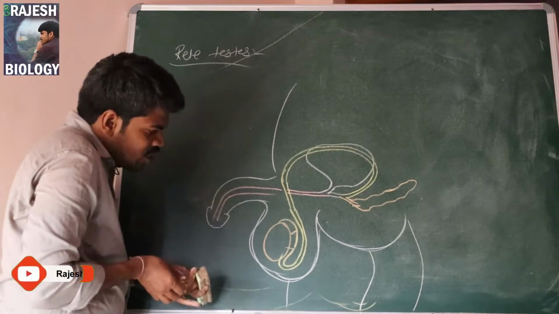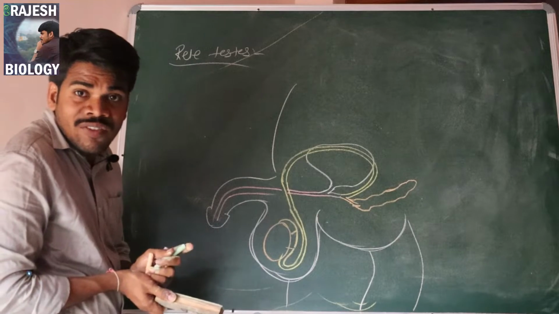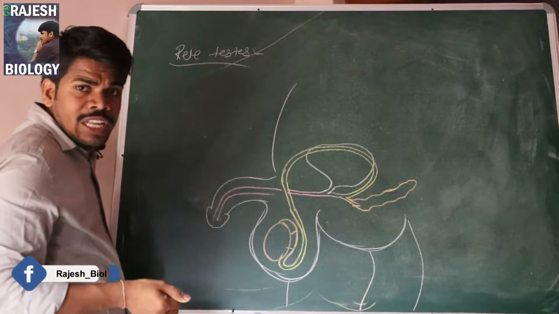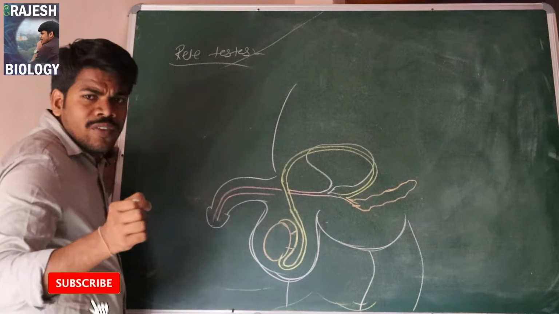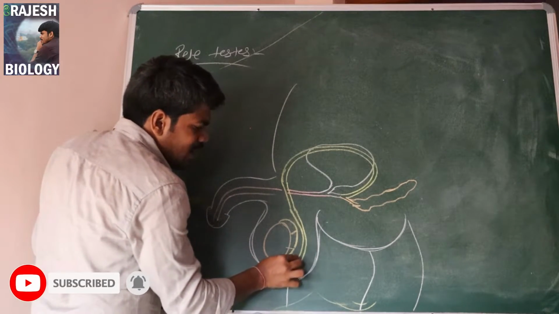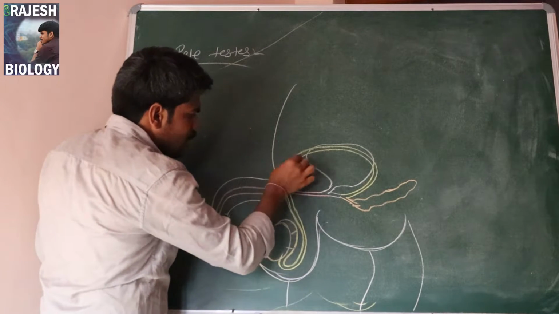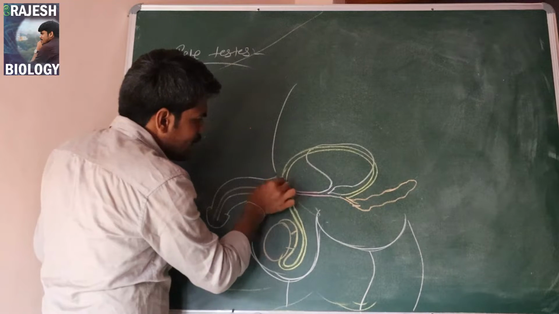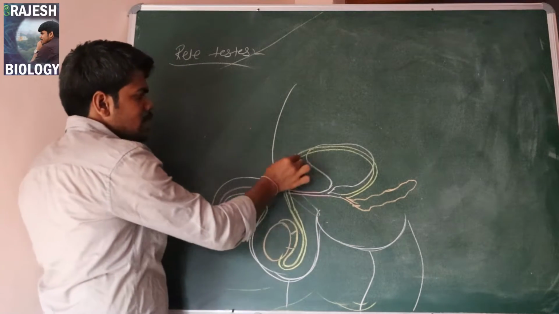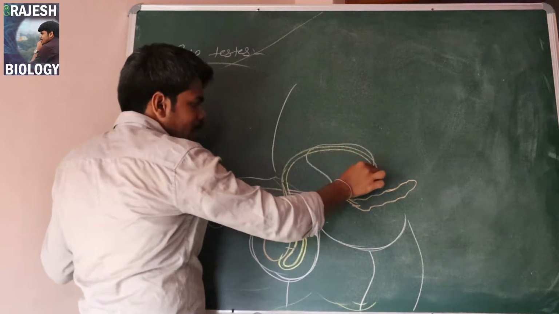The vasa deferentia or ductus deferens is internally lined by the pseudostratified epithelium and some amount of areolar tissue, lamina propria. This vasa deferentia runs into the abdominal cavity through which canal? It is called the inguinal canal. Through the inguinal canal, it runs into the abdominal cavity and it loops over the urinary bladder.